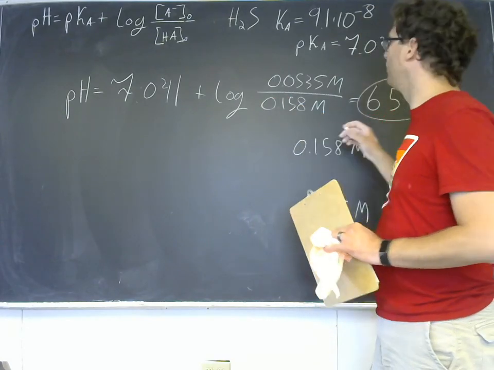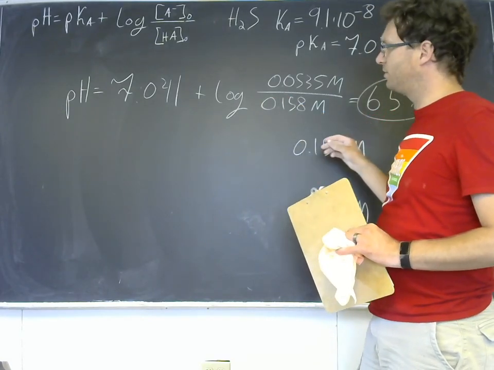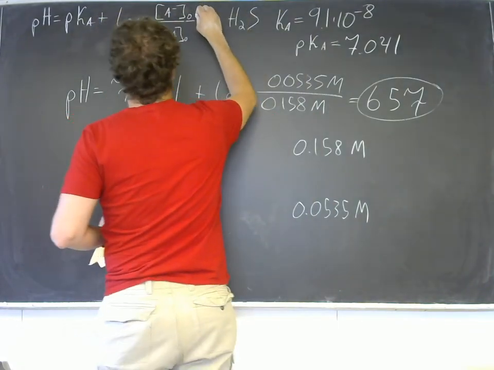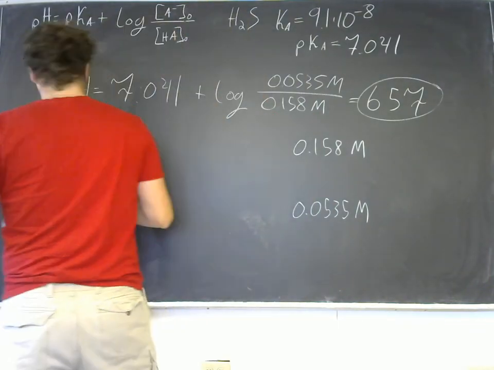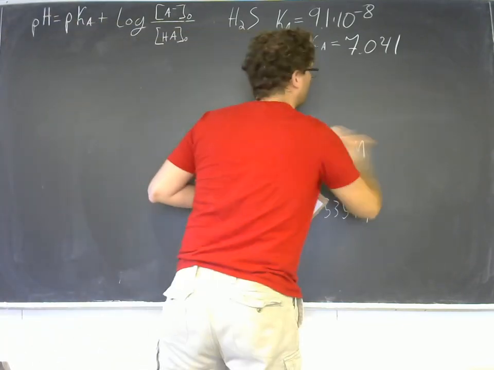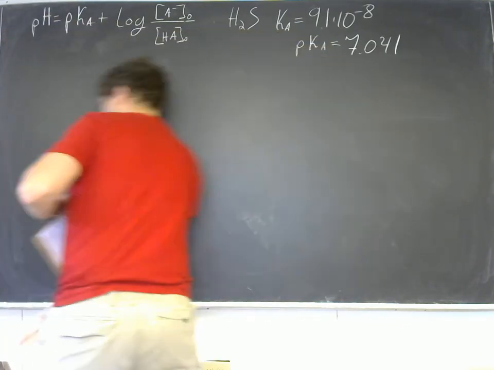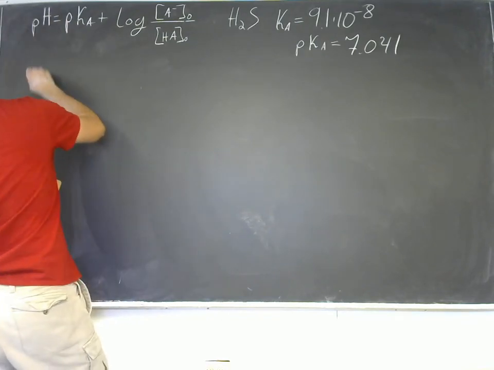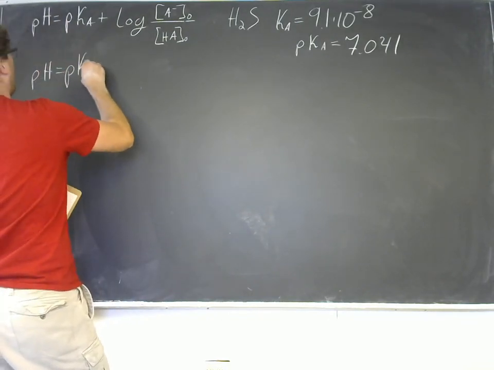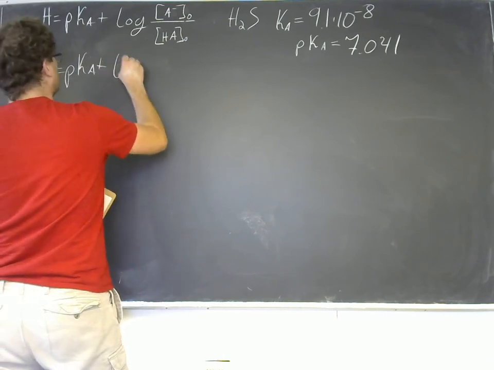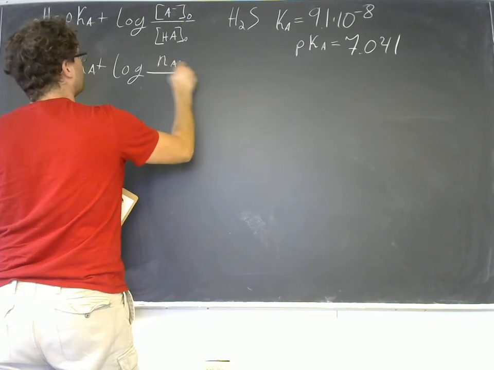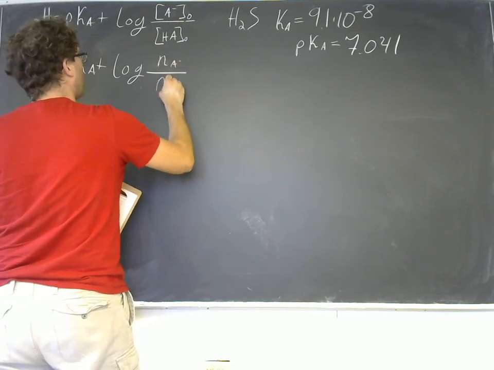If we wanted to, we could rewrite the Henderson-Hasselbalch equation to just be pH is equal to pKa plus the log of the number of moles of A minus over the number of moles of HA.